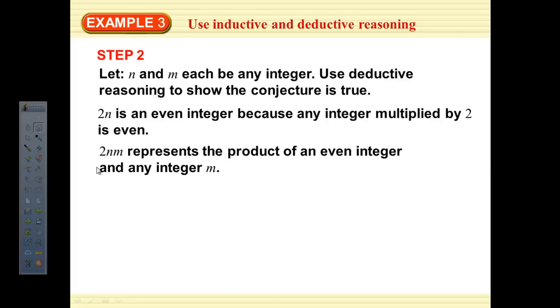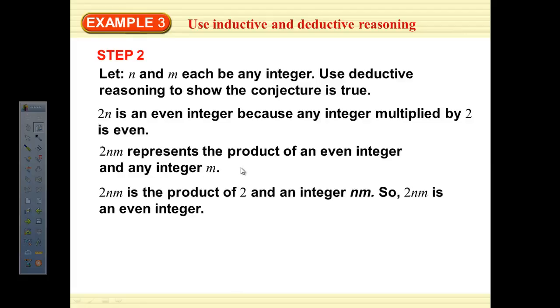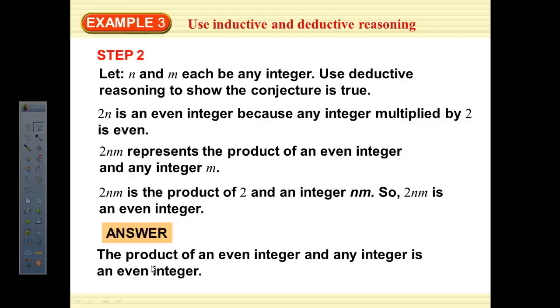If we then multiply 2 times n times m, this is an even integer and any integer, and in that case 2nm will also be an even integer because it will be 2 times whatever this integer is here. So therefore we can conclude that the conjecture we made earlier is true all the time. So the product of an even integer and any integer is an even integer.